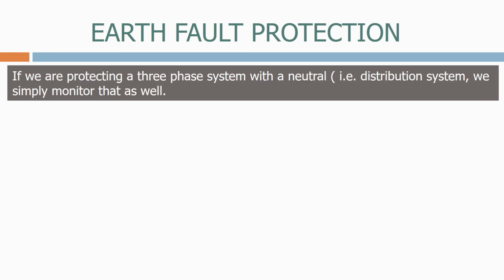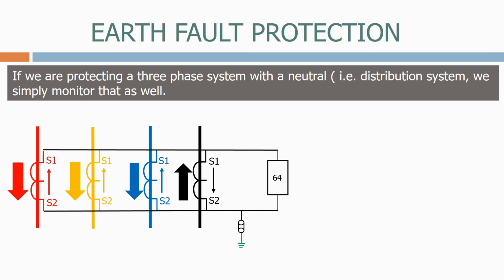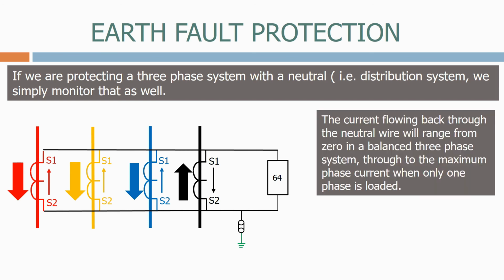If we are protecting a three-phase system with a neutral, for example a distribution system, we simply monitor that as well. The current flowing back through the neutral wire will range from 0 in a balanced three-phase system through to the maximum phase current when only one phase is loaded.